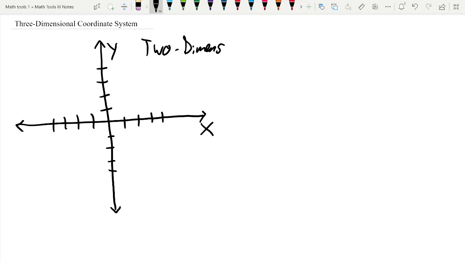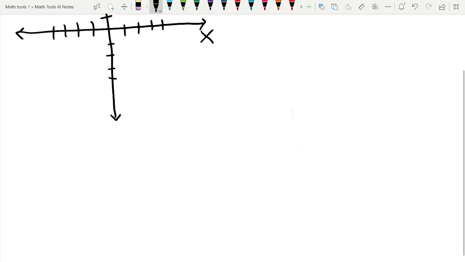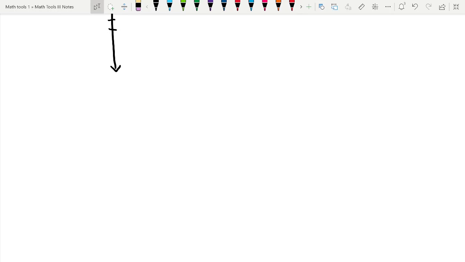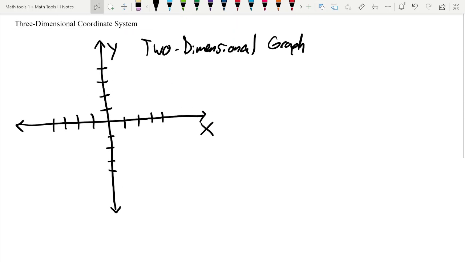Okay, so this is the two-dimensional graph. If we're going to extend this out to 3 dimensions, here's what we typically do. We typically will draw the y-axis over here. So what we're basically going to do is imagine that we take this 2-dimensional graph that we have, and now imagine that we're looking straight down at it.